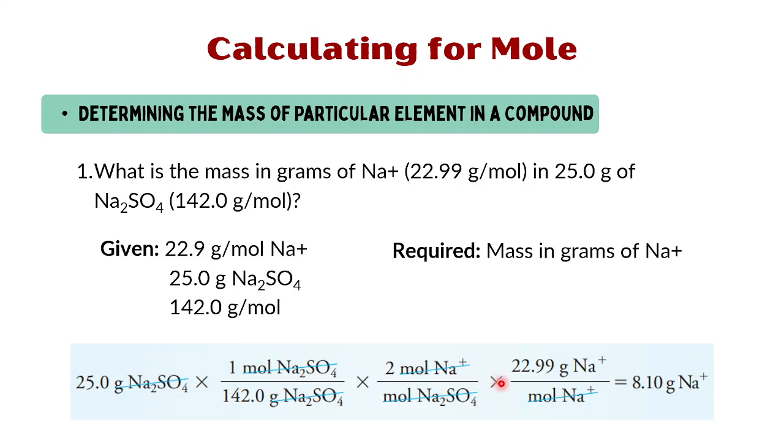Now, if we will add the ratio of the molar mass of that particular element of interest, then over 1 mole. So this is where you can now get or determine the mass of that particular element. So from here, we have 3 significant figures. So we have 8.10 grams of sodium.